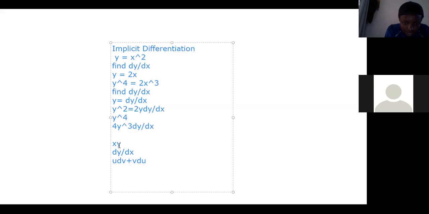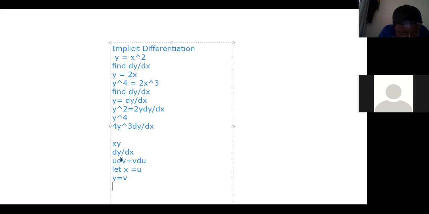So looking at these two, we can say let x be equal to our u and y be equal to our v, right? Yes. What we are going to first do is keep u, then we differentiate v.